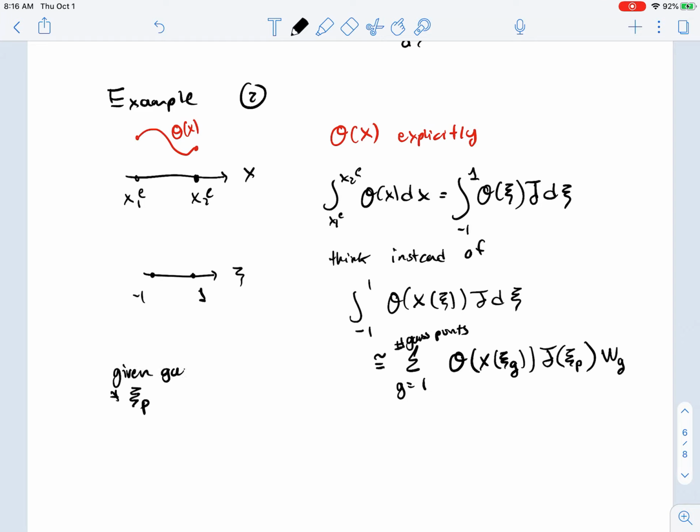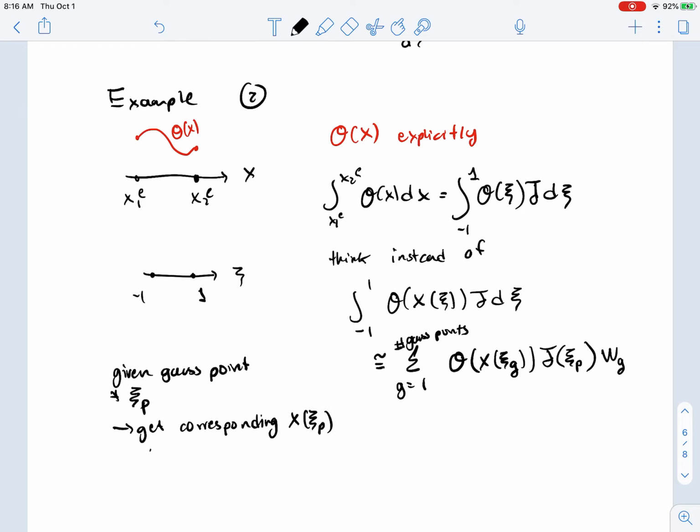And so what you can do is, for a given Gauss point, which is xi equals 0 or xi equals plus 1 over square root of 3 or whatever, you can evaluate the corresponding x.